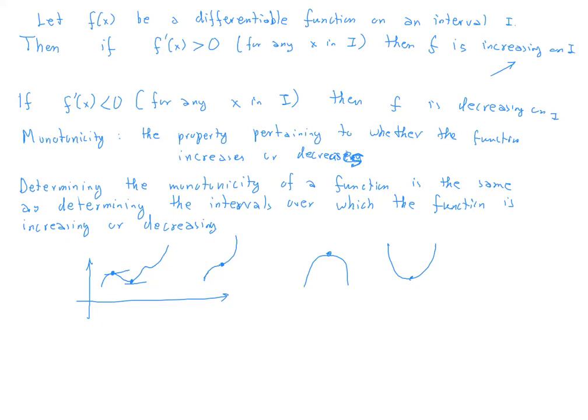We encode all this information into a table that shows the behavior of the function very nicely. Why don't we do an example and see how all this works? So here's our first example.